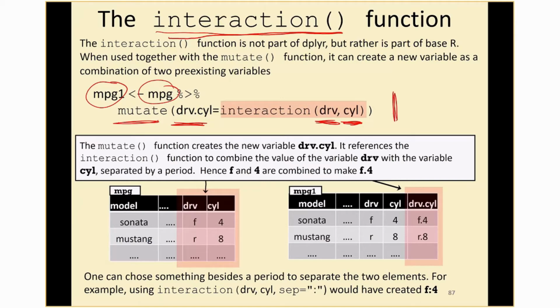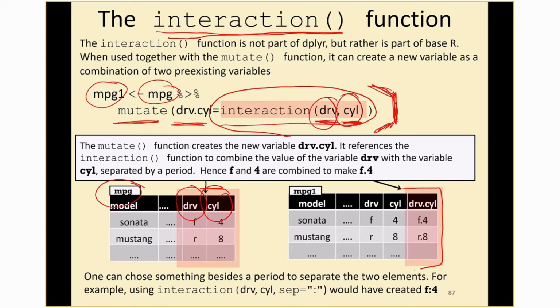In my initial data frame, MPG, I had the variable drive and cylinder. Now, if I use this particular code and this interaction function to combine drive and cylinder, then what's going to happen over here is there's my new variable, drive.cyl.